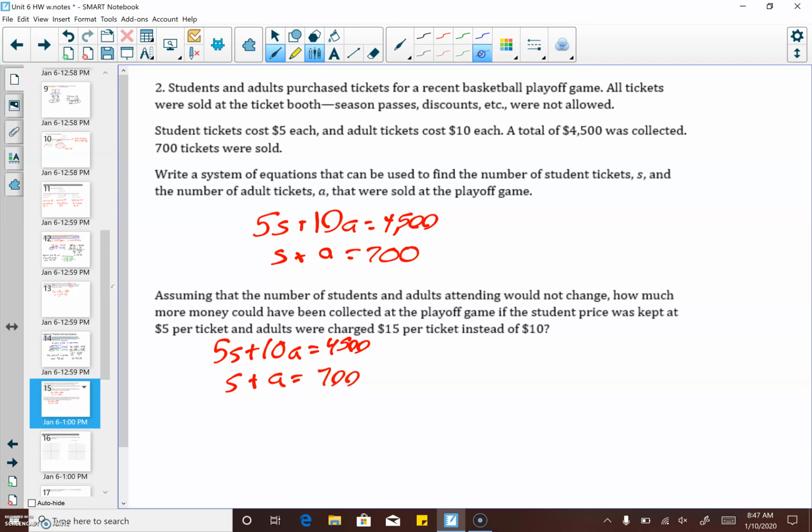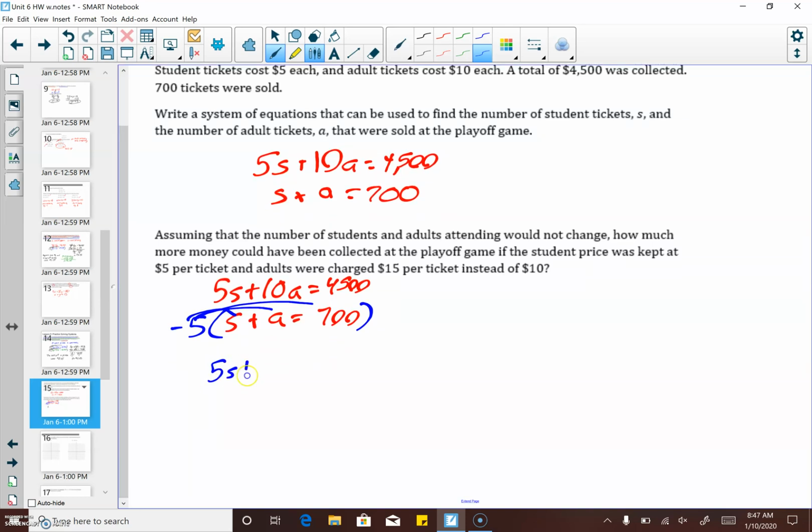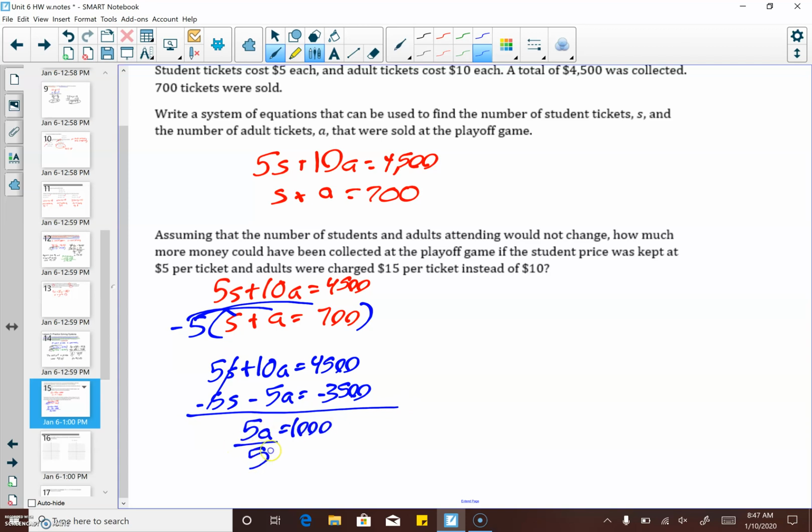So I will start by multiplying the bottom by a -5 to cancel out my S. So then I'm going to end up with 5S plus 10A equals 4,500, and then -5S minus 5A equals -3,500. Cancel out my S's. I get 5A equals 1,000. Divide both sides by 5, and I get that there were 200 adults at the game.